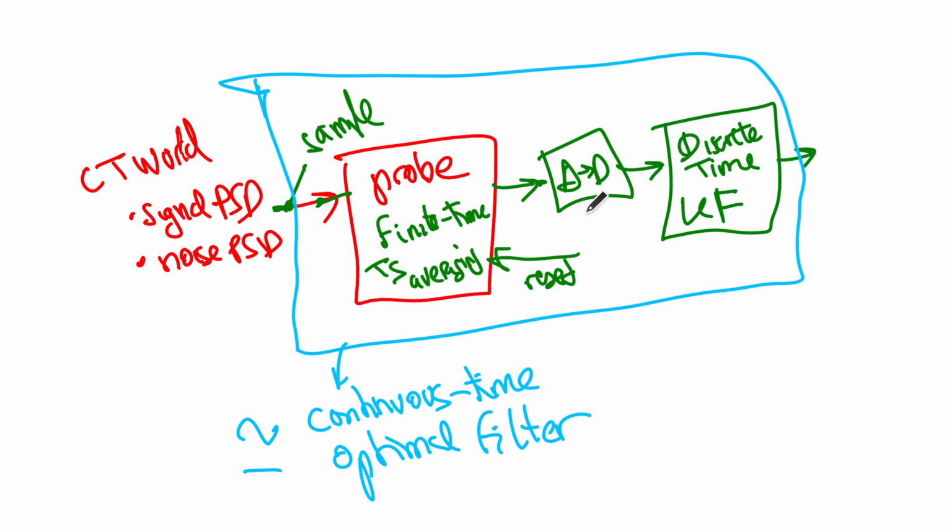And then after my analog to digital conversion, I will have a discrete-time Kalman filter, and hopefully all of this will be close to the continuous-time optimal Kalman filter in performance, but with the advantage that instead of changing the electronics, the number of capacitors, amplifiers, whatever inside here, my data acquisition electronics is fixed.